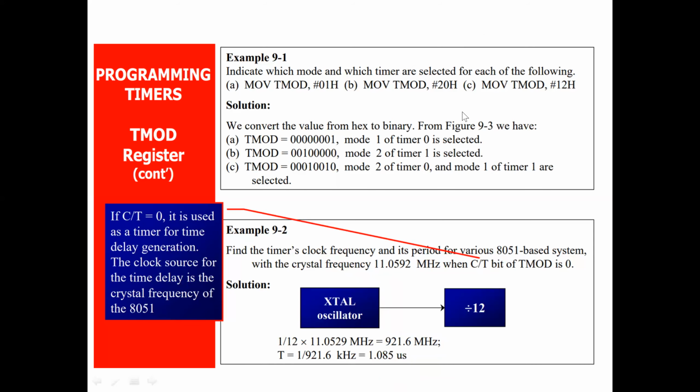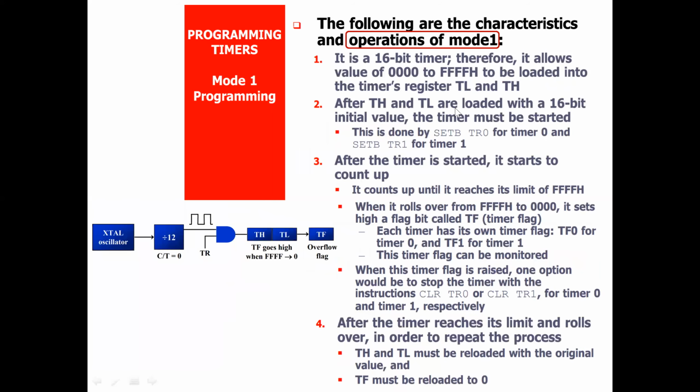Now, before developing a program, this is the block diagram for a timer. Any timer, timer 0 or 1, can operate in any of the modes 0, 1, 2, 3.